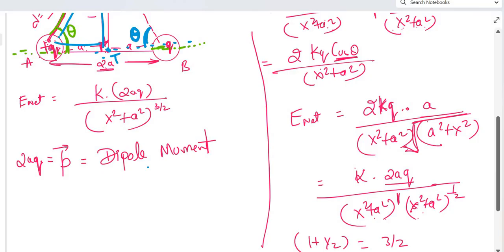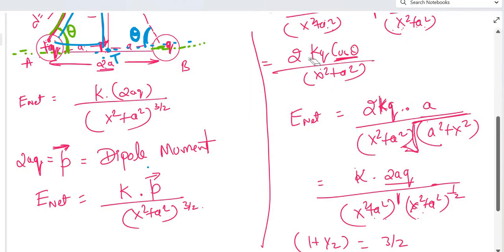It's a vector quantity. So E net will be K into P by (x square plus a square) power 3 by 2.